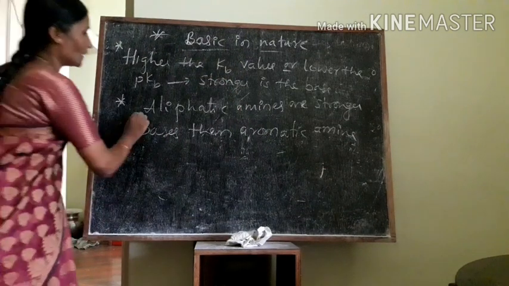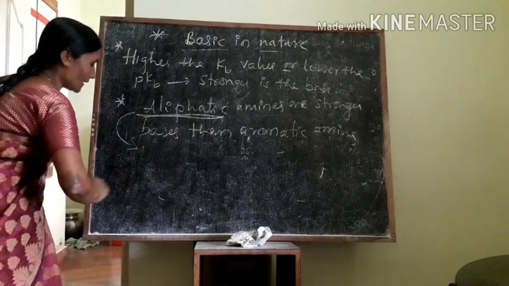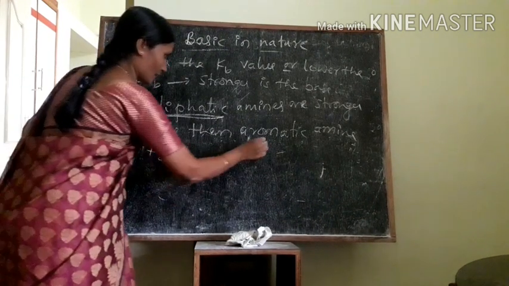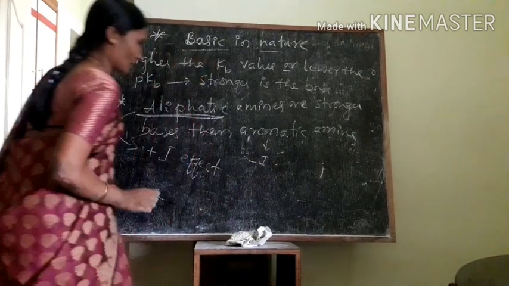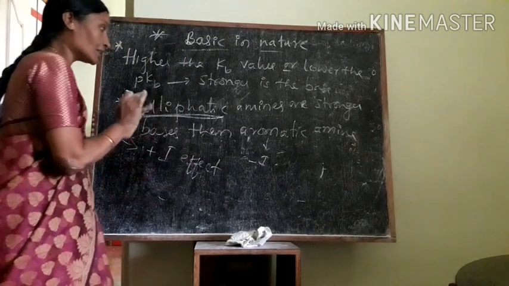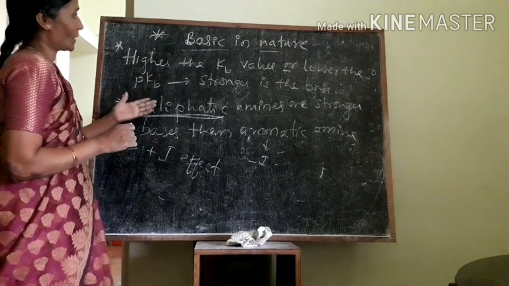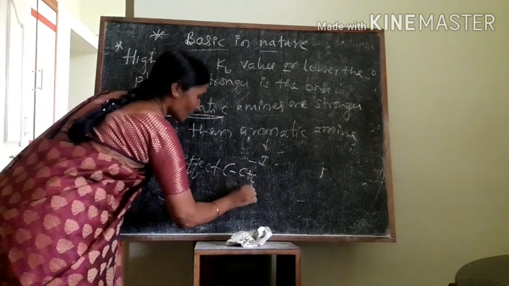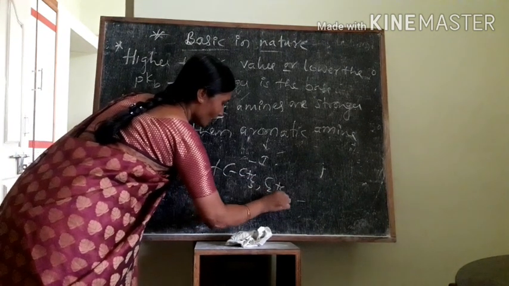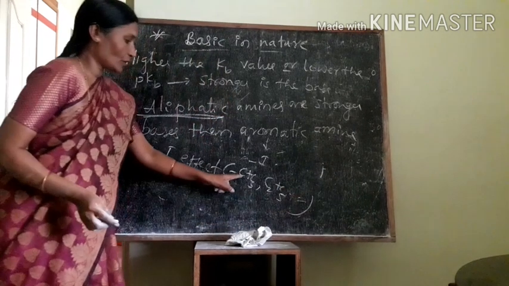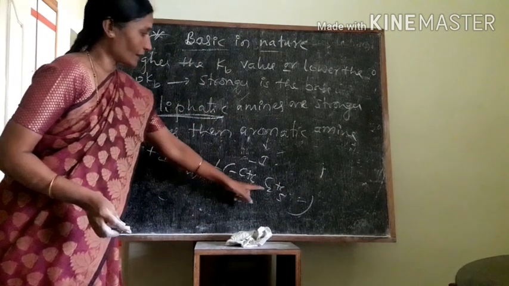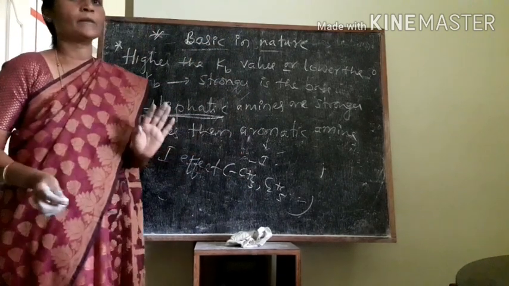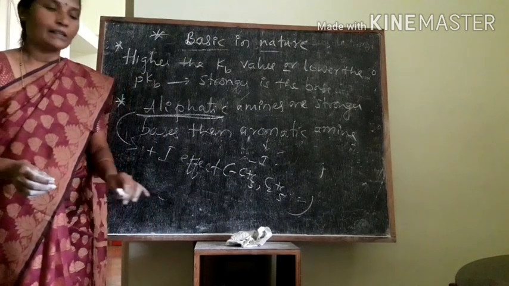Because in aliphatic amines a plus I effect takes place, but in aromatic amines a minus I effect takes place. Due to the inductive effect, the basic nature changes. Plus I effect indicates there are donor groups like CH3, C2H5 and so on. If electron donor groups are present, basic character increases. If electron withdrawing groups are present, basic character decreases.